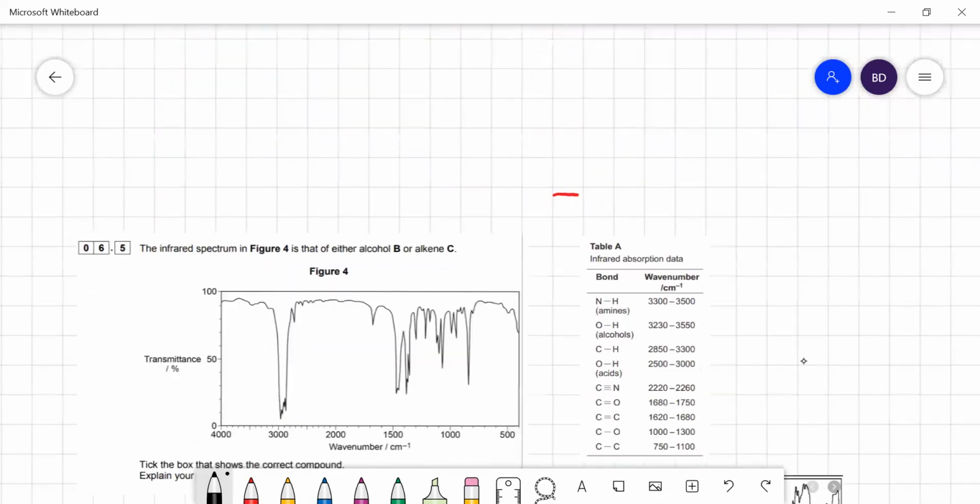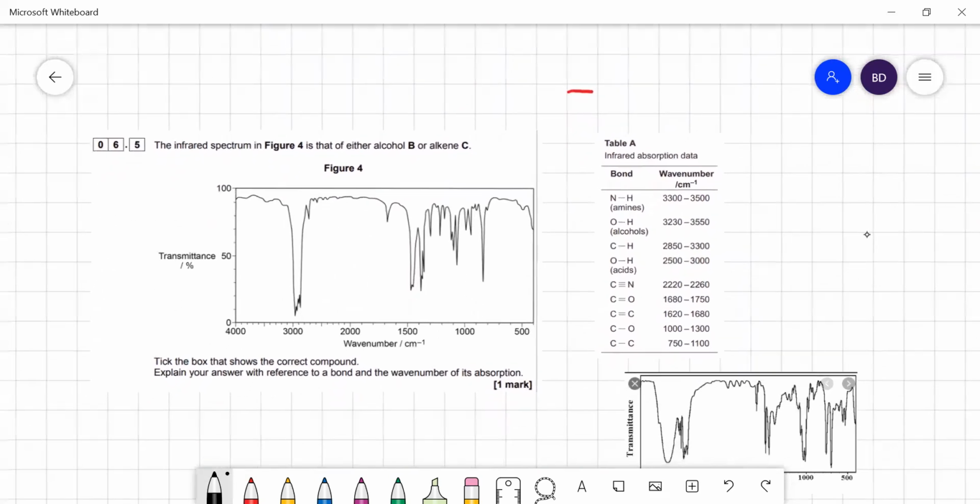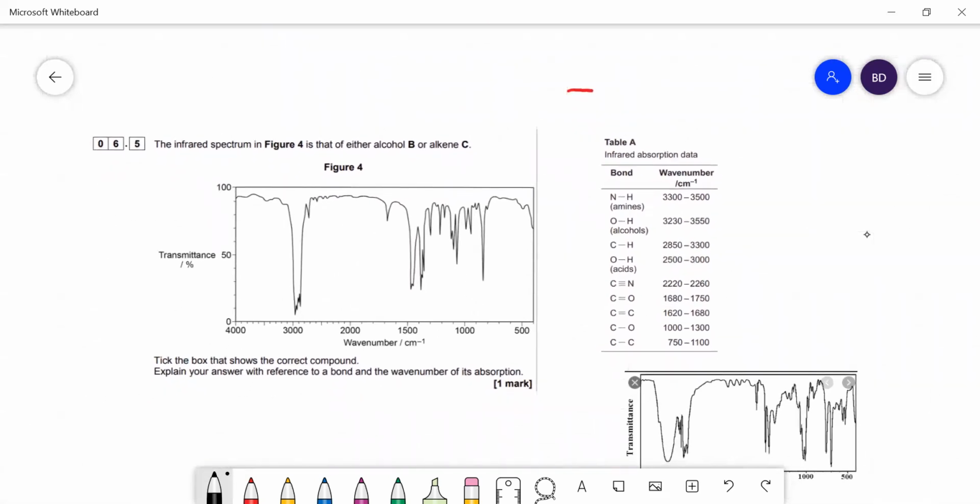Okay, the infrared spectrum in figure 4 is either alcohol B or alkene C. Tick the box that shows the correct compound. Is it the alkene or the alcohol? Right, when you look at the spectrum, everything here you kind of ignore because that's the fingerprint region. Look at your infrared absorption data.